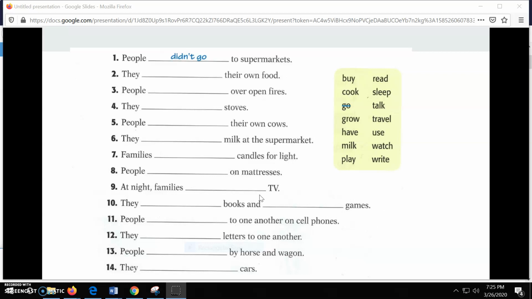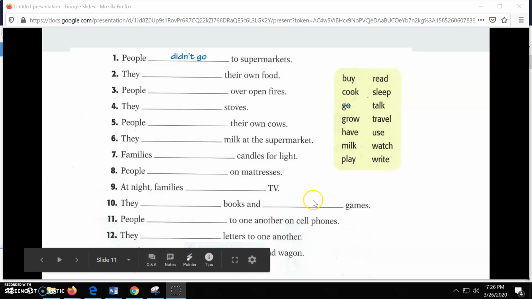All these sentences have to do with colonial life and what people did, what they didn't do. So go ahead and pause the video. Once again, get your notebook and a piece of paper and a pencil, and write complete sentences in your notebooks. Use verbs in the yellow box. Some of them will be used in a negative form. Some would be used in affirmative sentences. So go ahead and pause the video and do this in writing.